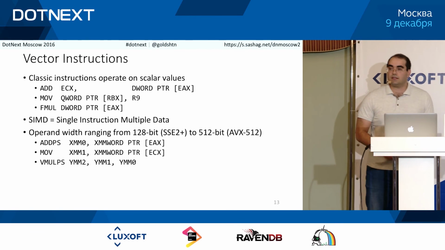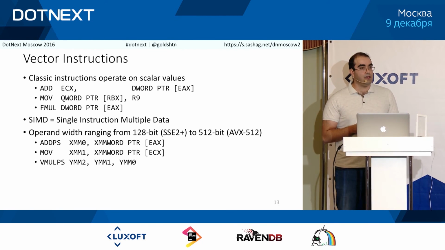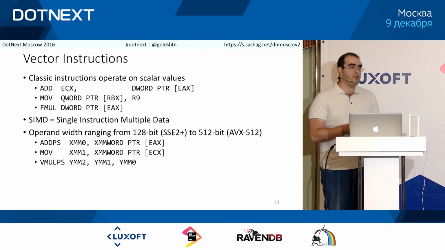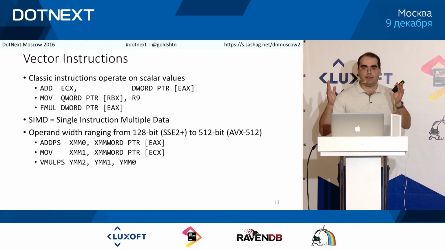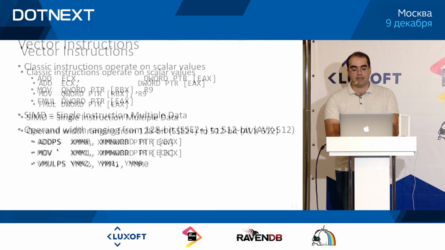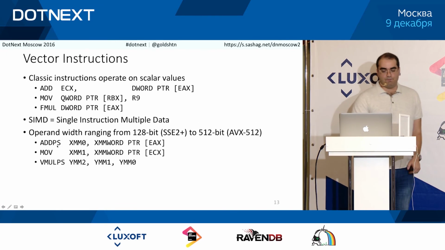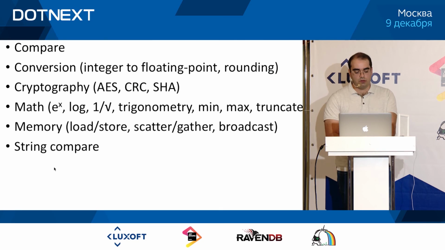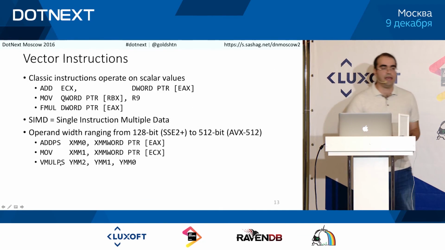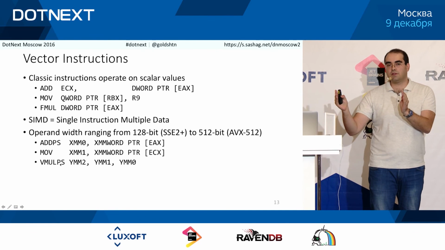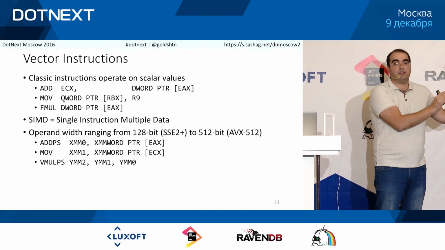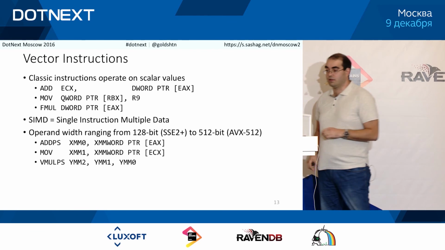Some examples from SSE are instructions operating on 4 floats at a time. You can take 4 floats, add them to 4 floats in a single instruction. This one here, addps, does that. The one down here, vmulps, takes 8 floats and multiplies them by 8 floats to produce 8 results, again in just a single instruction.